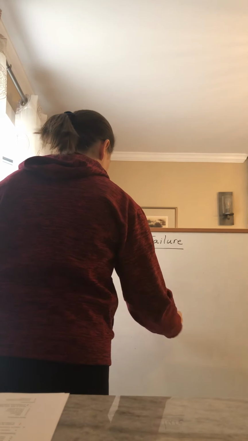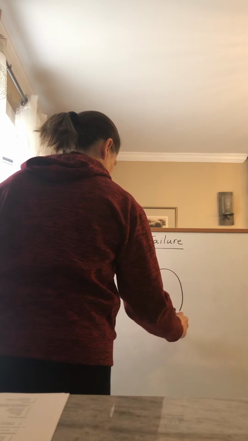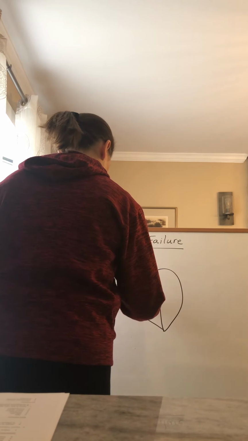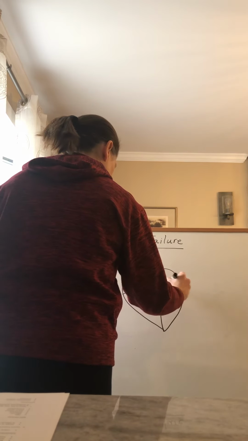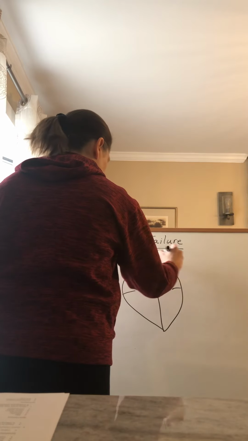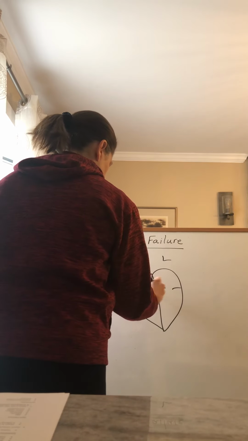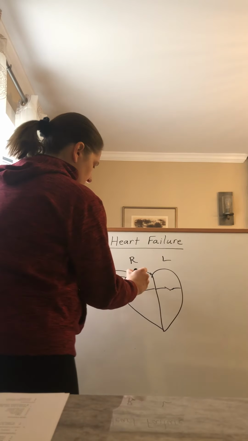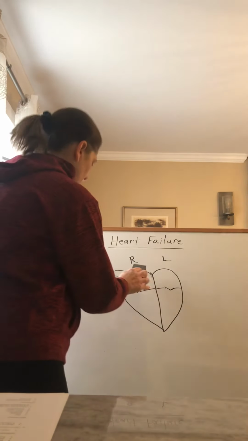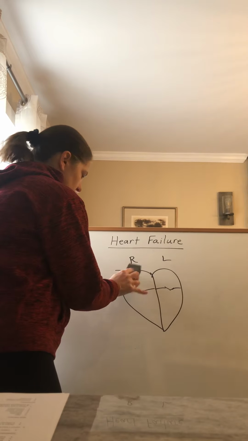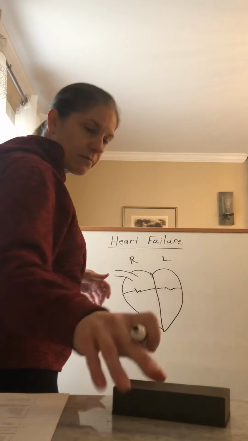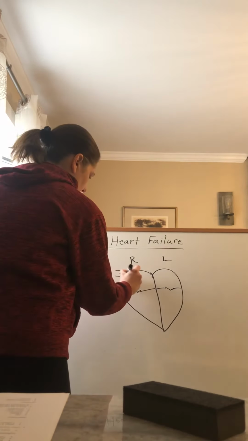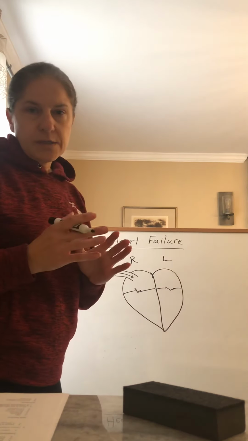All right, so we're going to draw the heart one more time. This is right, this is left. Here are our little valves. Remember, blood coming into the right side heart, so coming into the right ventricle, is coming from your venous circulation.